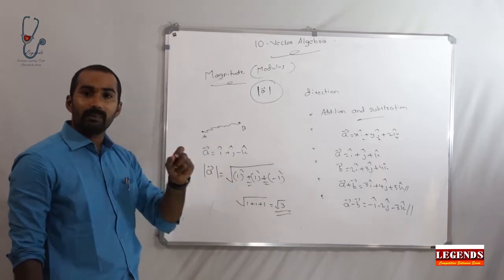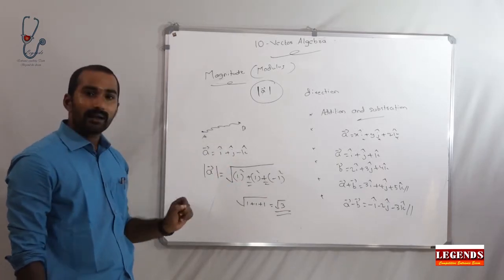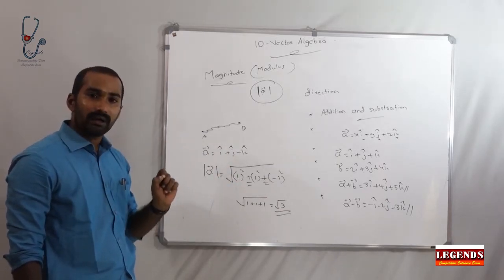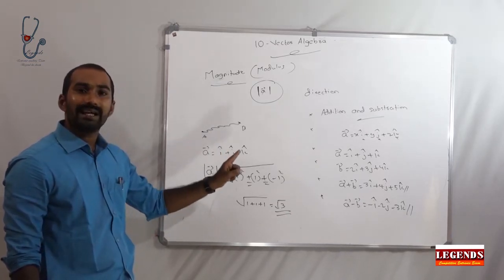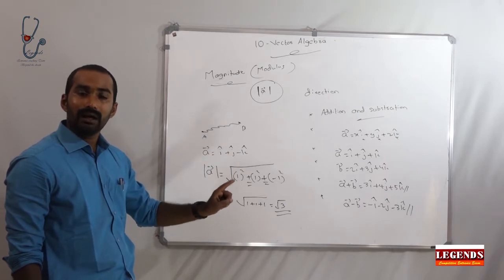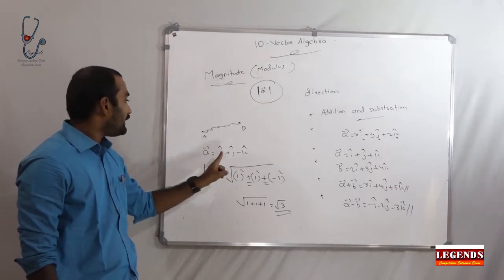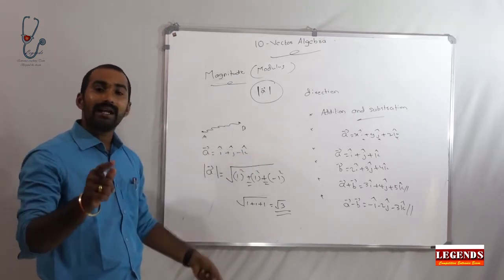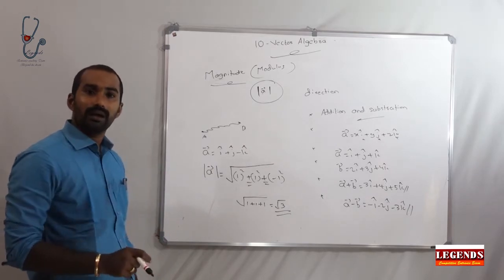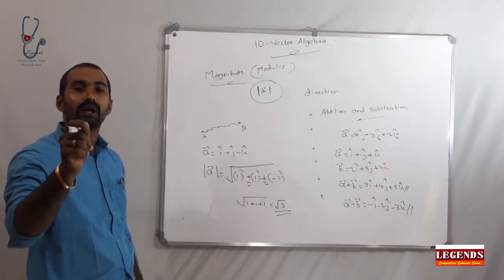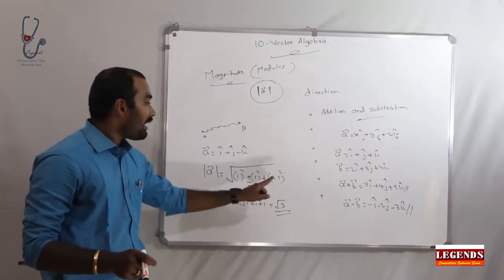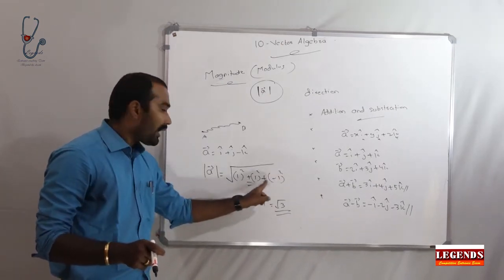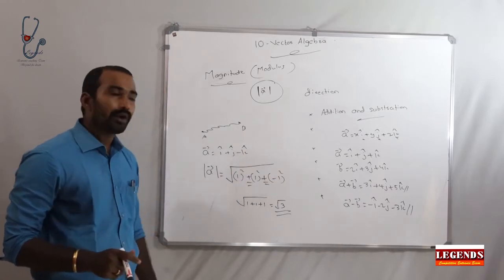How can we find out the magnitude of a vector? First of all, take the coefficient of i, j and k. Then take the square, whether the coefficient is negative or positive, then take the sum, and finally take the square root.